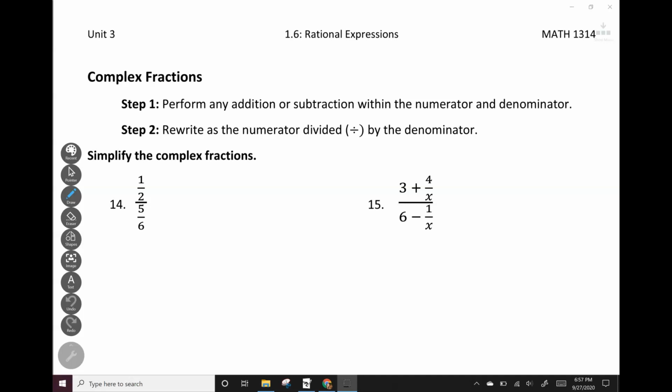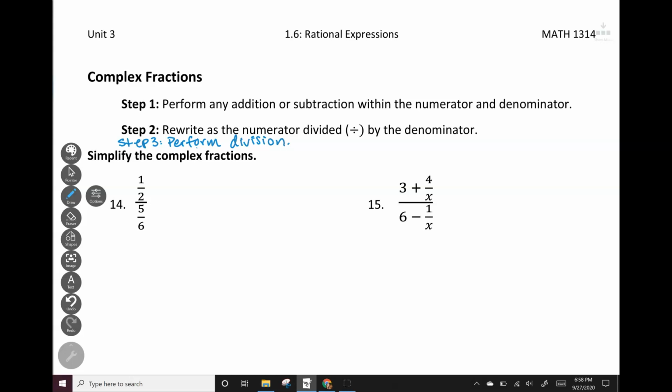And then you can just perform that division. I should probably have put a step 3 under here: perform the division. Once you have written it out, you go ahead and actually divide that.